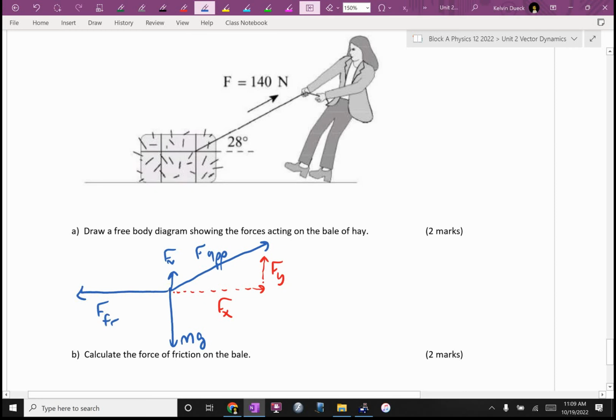So for you to get 2 marks, half mark for each of the 4 lines, I would look for 4 lines. I need normal force to be smaller than mg, if not, minus 0.5. I would need F applied there. I would need Fx to be the same size as friction.